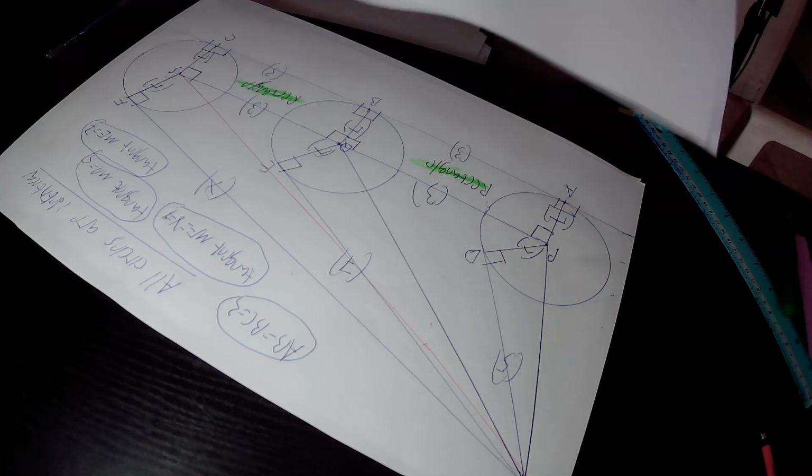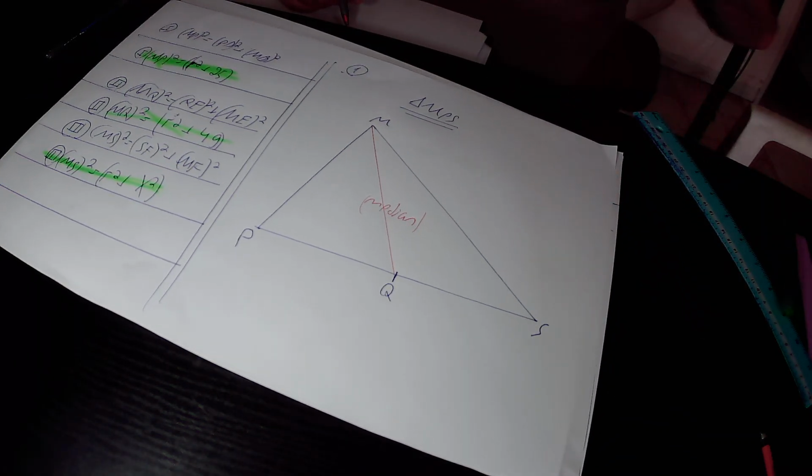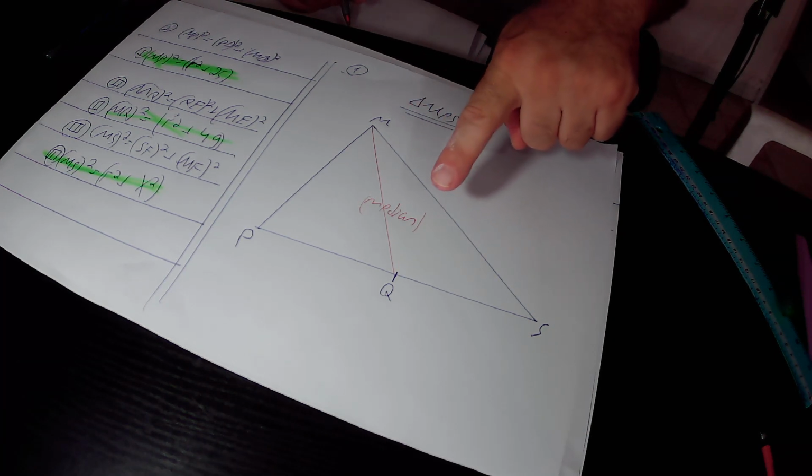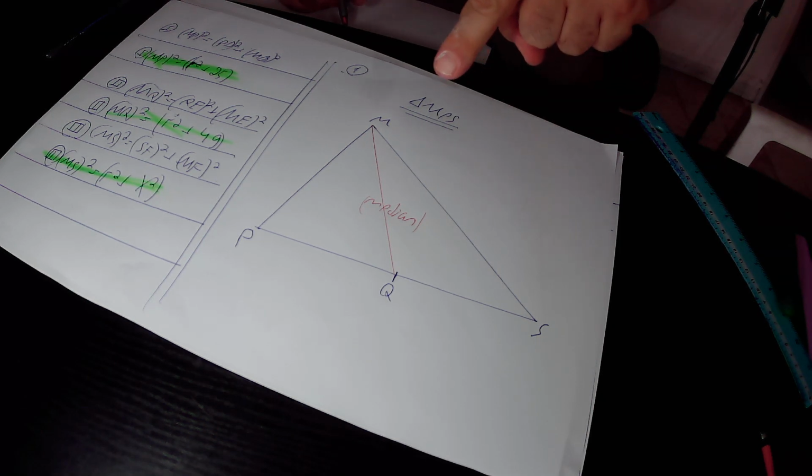So here, this is the big triangle MPS that I copied from the original drawing. The red line segment MQ is defined as the median of this triangle MPS. So what is the definition of a median? A median is a line segment in the triangle that connects the vertex to the midpoint of the opposite side.